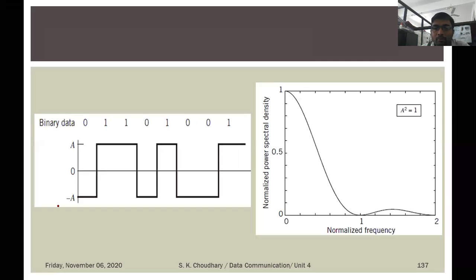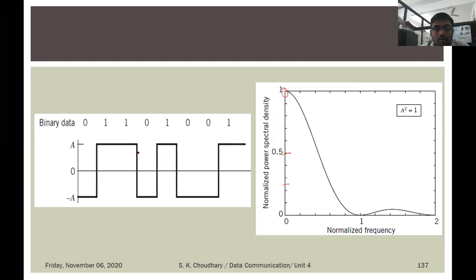In the case of unipolar NRZ, the power level is limited to 0.5 only. In the case of unipolar RZ, it is 0.25 only. But in the case of polar NRZ, the power spectral density near the zero frequency increases, that is, it goes to A squared. Here A squared is 1.